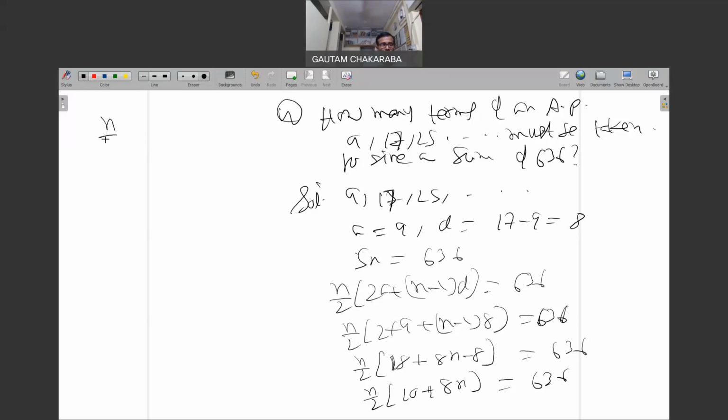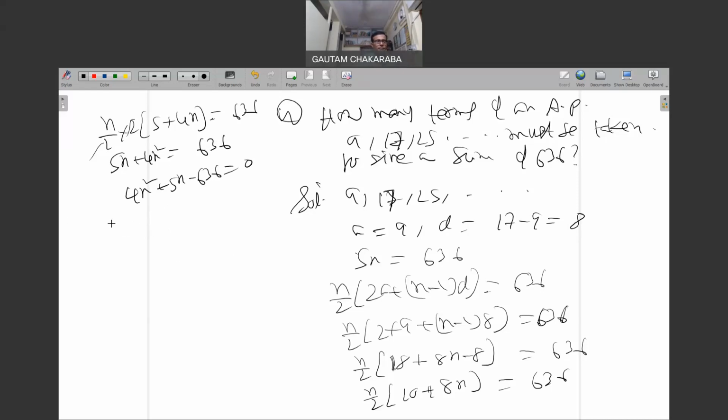Now take common 2. After that you split the middle term and calculate the value of n.